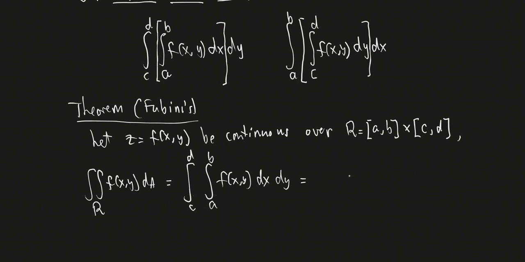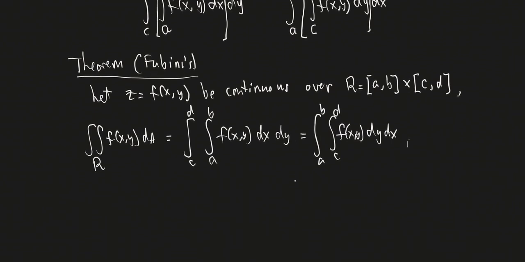So I could choose to do dy dx, and my surface stays the same, but now I will have c to d as my inner integral, and then a to b as the limits for my outer integral. And that's what good old Fubini says that we can do.